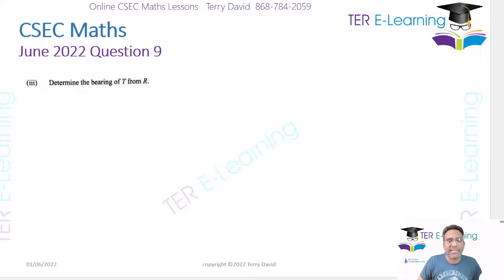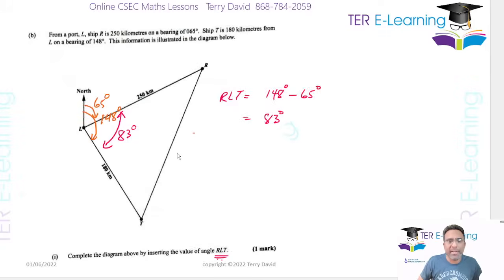Right, the next thing they want to know is the bearing of T from R. So therefore you're going to draw a north line here, and the bearing that they want is this angle here. That's what they're looking for, right?